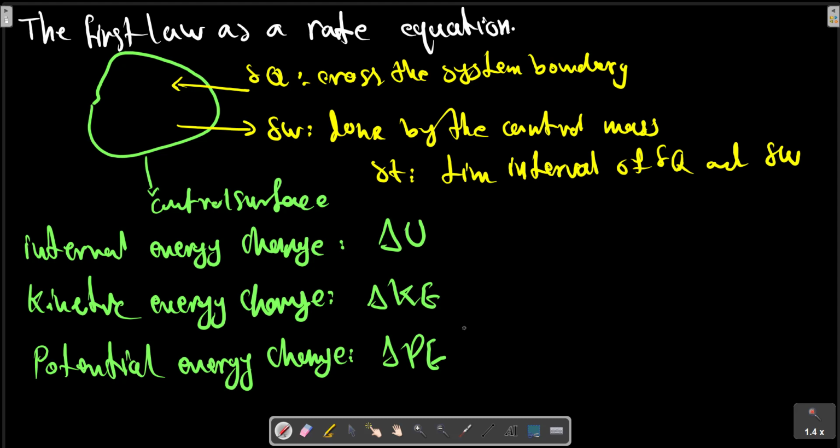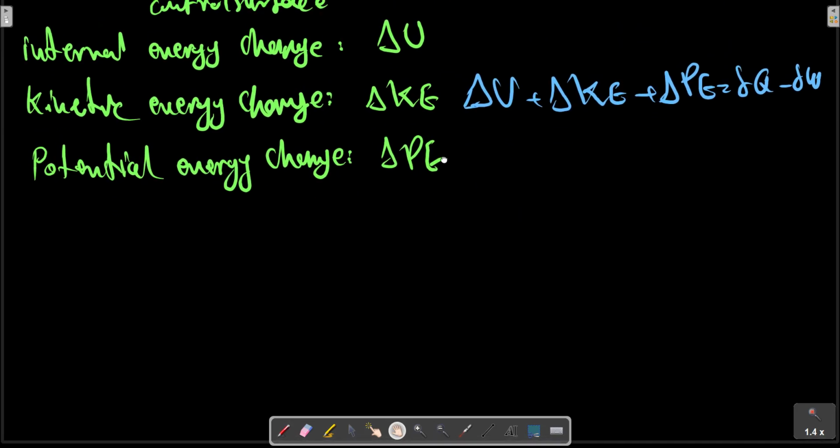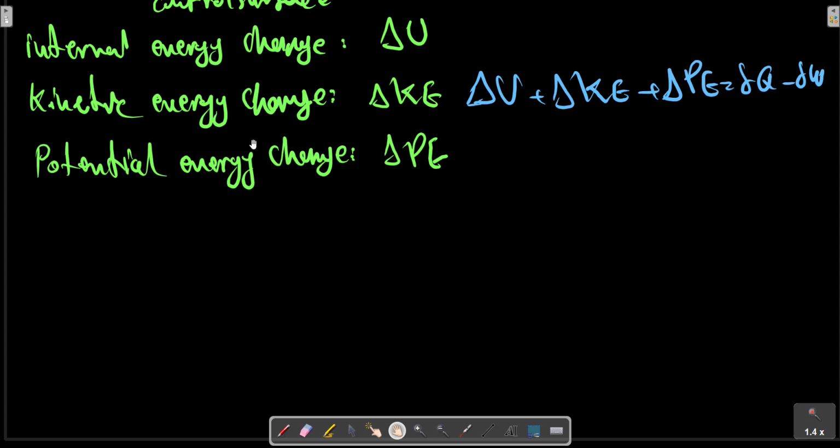From the first law we can write delta U plus delta KE plus delta PE for the first law of thermodynamics.